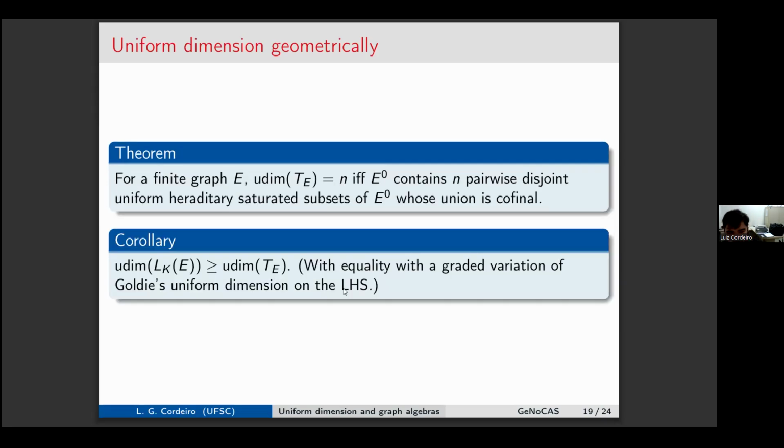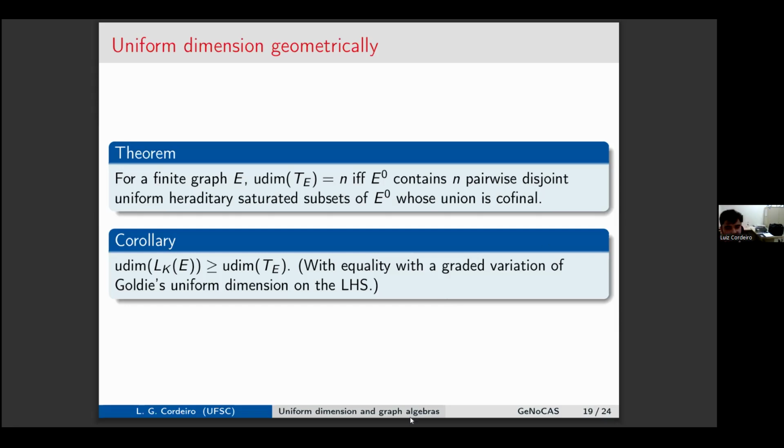We may describe the uniform dimension of the talented monoid in geometric terms. The uniform dimension of the talented monoid of a finite graph E is a number n if and only if E0 contains n pairwise disjoint uniform hereditary saturated subsets of E0 whose union is cofinal.